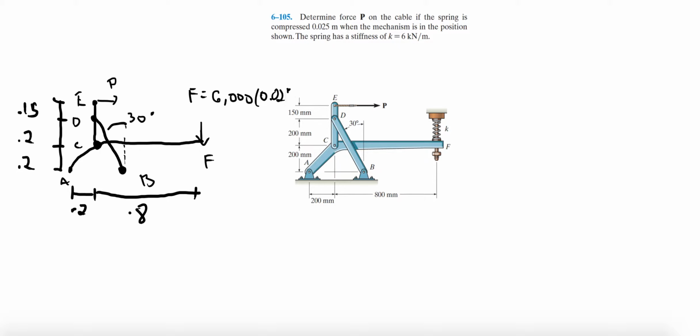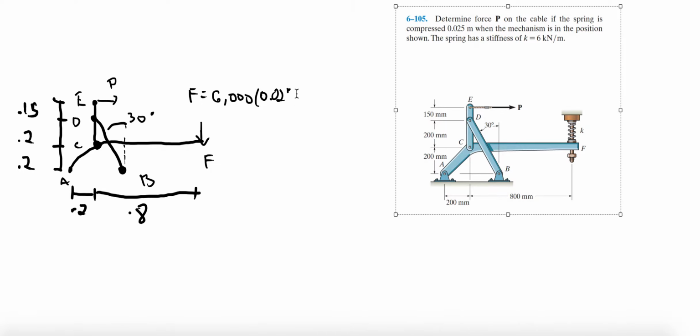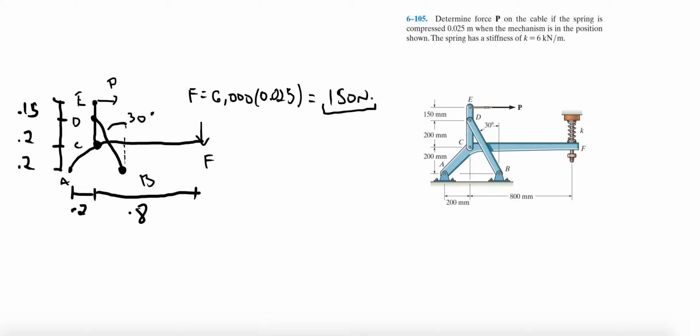Oops, let me try to drag this a little bit more. 0.025, and I believe this is 150. Let me double check. Yep, 150 newtons. Okay, so now that we have that, we can start to worry about the reactions, right?